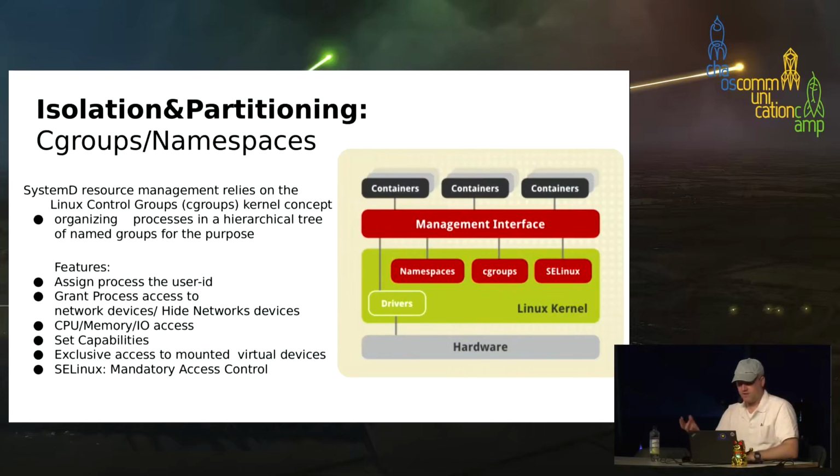The next step would be using cgroups and namespaces. A good way to establish or manage cgroups is using systemd on your system. systemd makes it very easy to define cgroups, to define access to certain network devices, to restrict memory usage, and so on.